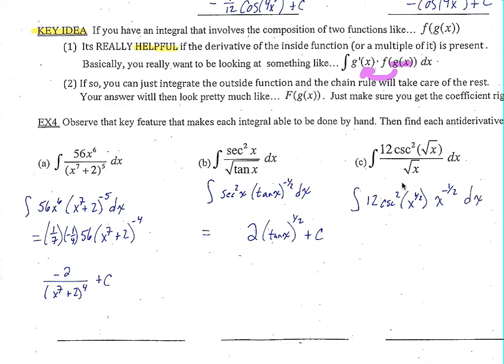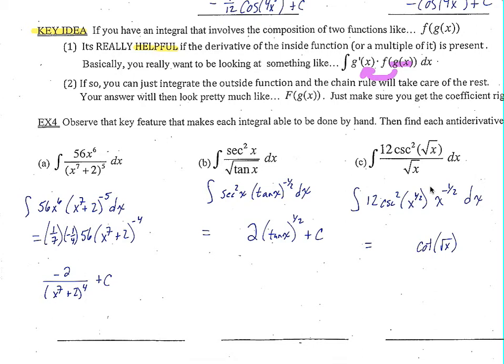And then when I take the integral of this, we're going to take first the antiderivative of cosecant squared of the inside function. The derivative of the cotangent gives us cosecant squared. So this is cotangent of the inside function, which is the square root of x. And then the derivative of the square root of x is x to the negative 1/2.